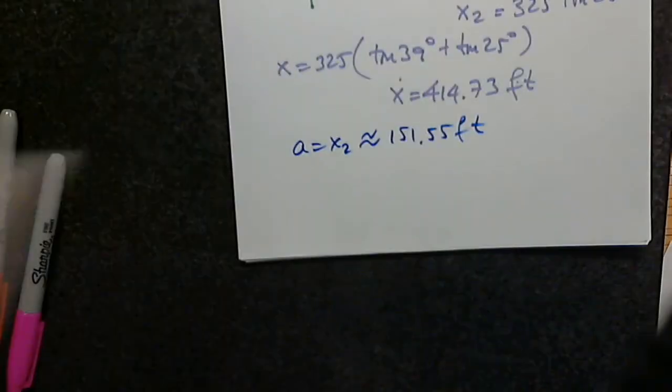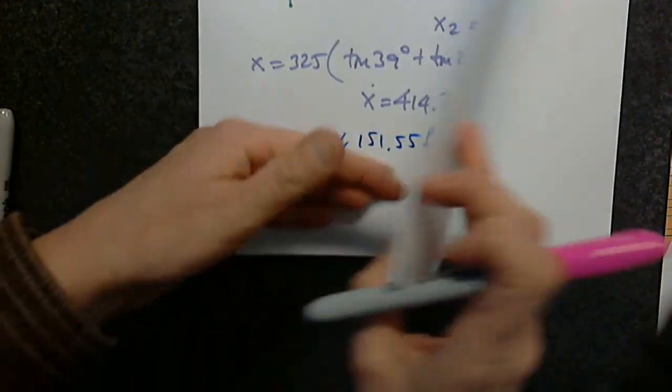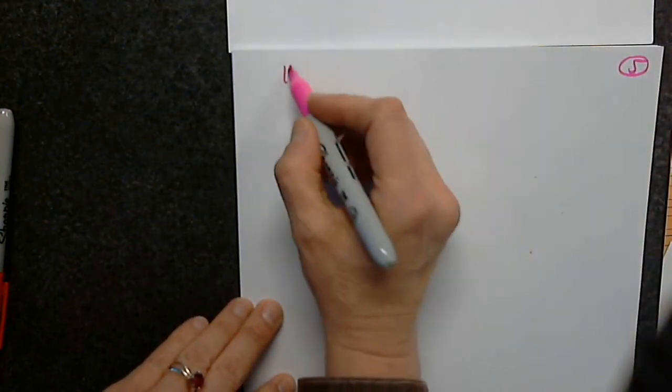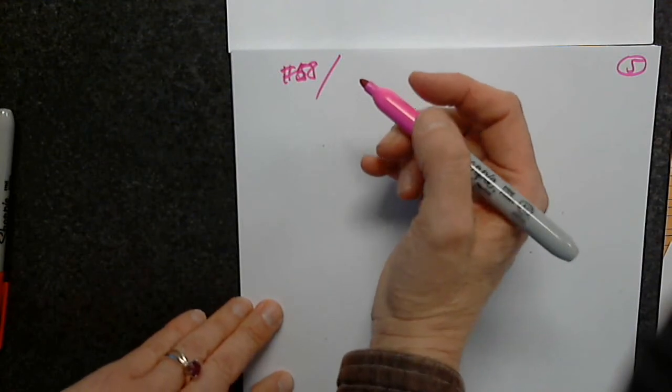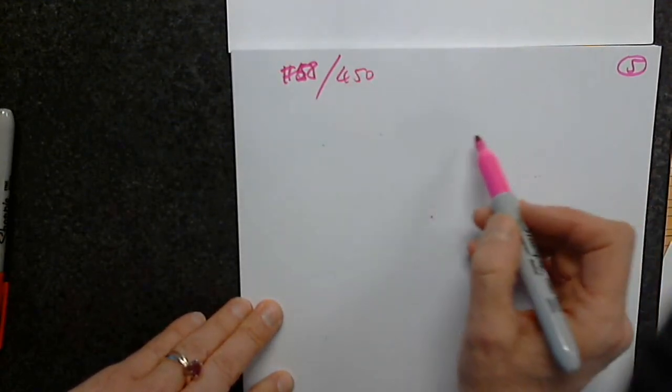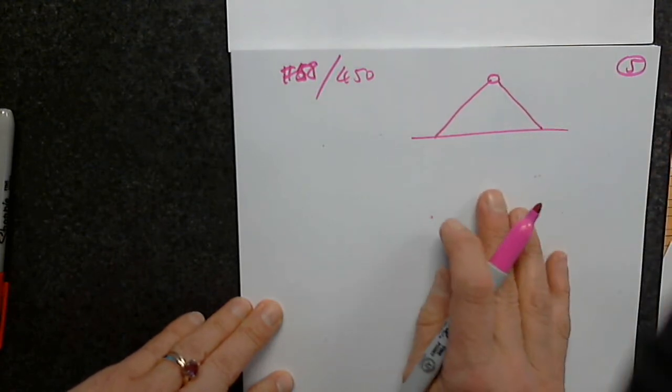So let's look at 58. Same page, 450. So the balloon is not here measuring these.